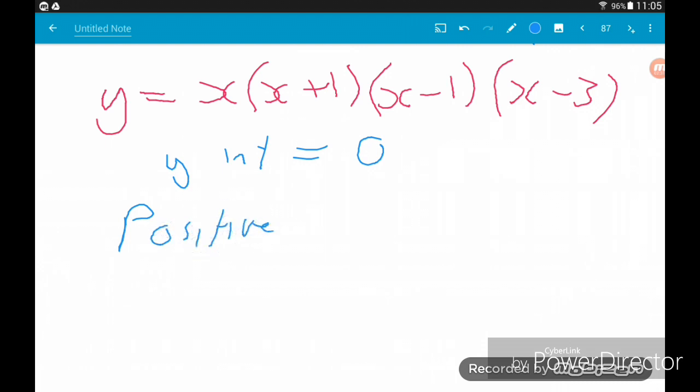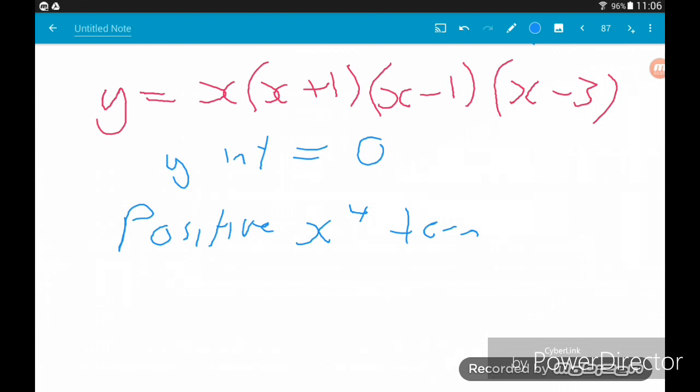So we'd have a positive x to the power 4 term. Now what that tells us is our graph starts in the top left and ends in the top right. So that's good. And now we need to work out where this graph hits or crosses the x-axis.